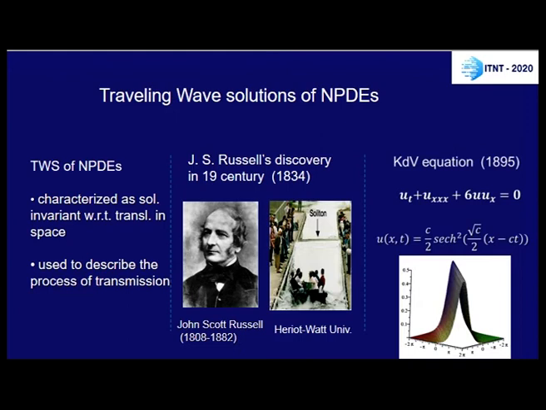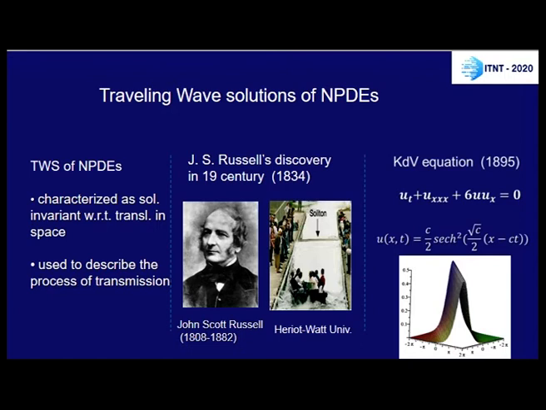Unfortunately, his great discovery didn't attract the attention it deserved, since no one could understand why this phenomenon could happen. The earliest mathematical model of shallow water waves is the KdV equation.